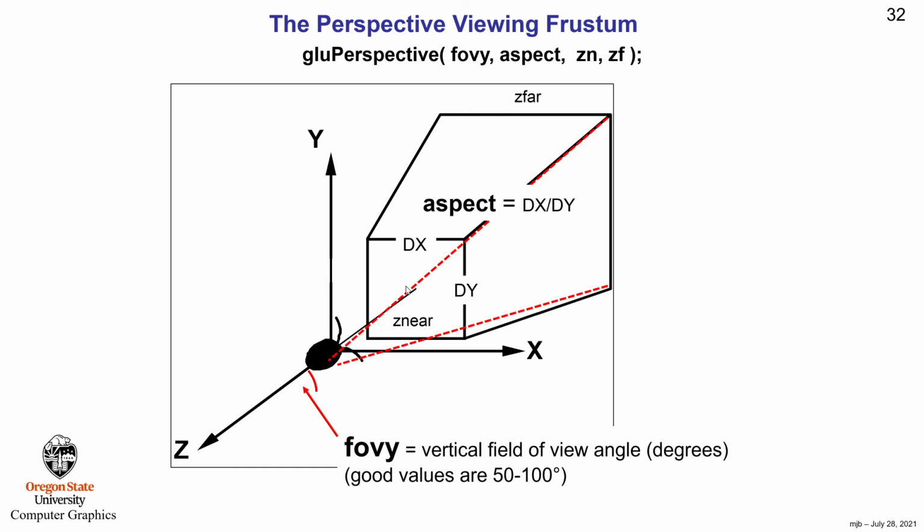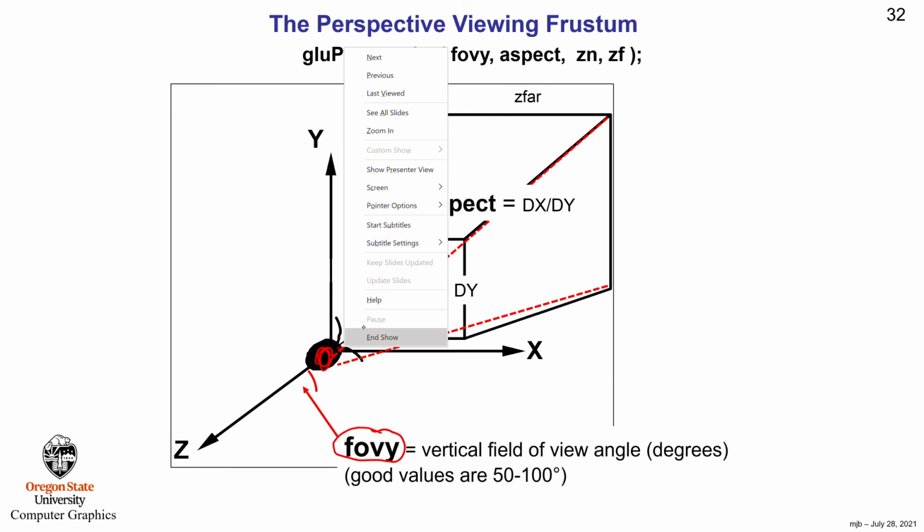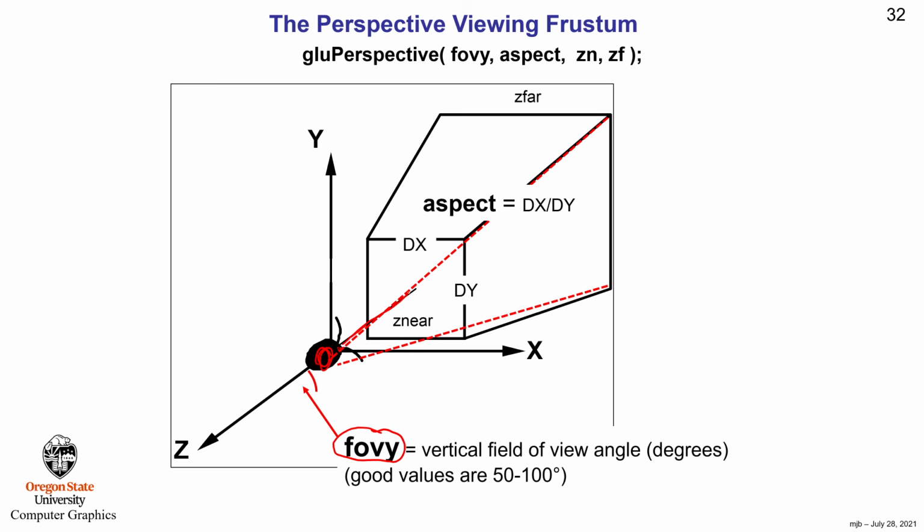In the GLU perspective call, there's an argument called FOV. It's the first argument. It's looking for a number of degrees, and that's the field of view angle. If my eye is here, the field of view angle is how far up I can see and how far down I can see, and the angle between them.